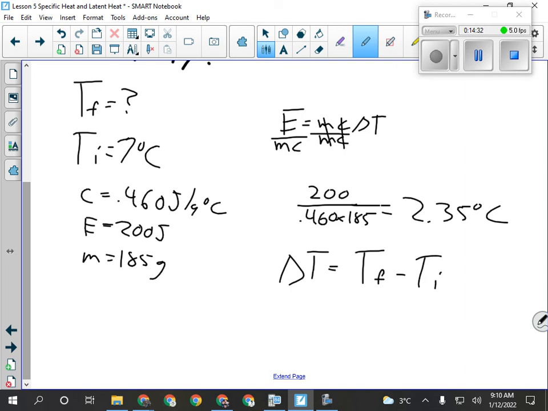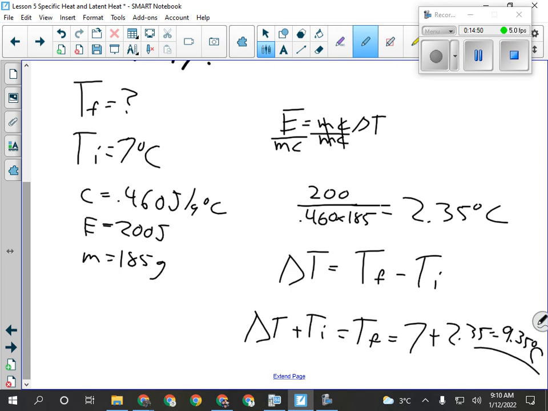Delta always means final minus initial. I know the initial, so I'm going to add it over here. So delta T plus Ti will give me TF: 7 plus 2.35 equals 9.35 degrees Celsius. That's as hard as they get, just because it has an extra step that involves calculating one of the two temperatures involved.